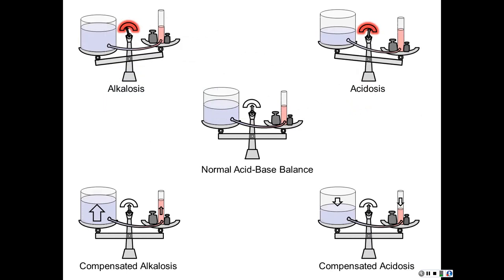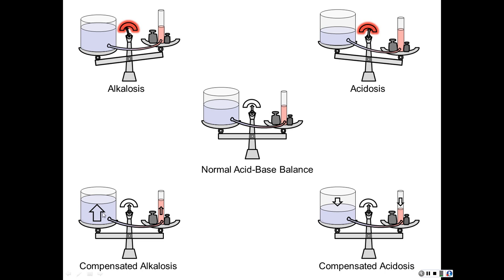So in this system, you can have a normal situation. You can have acidosis and alkalosis, but if you have acidosis, the kidneys are going to hold on to more bicarb to compensate. Hmm, this doesn't look right to me.